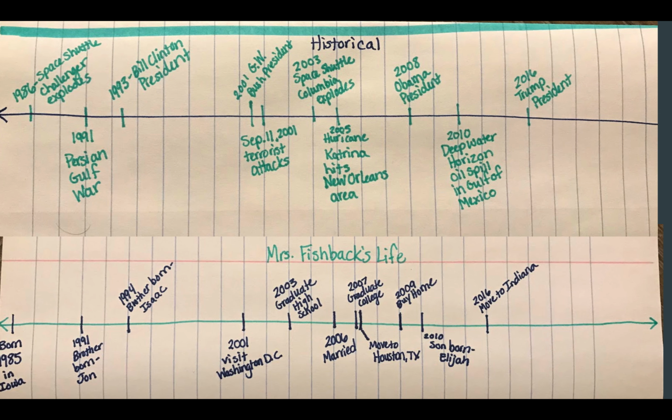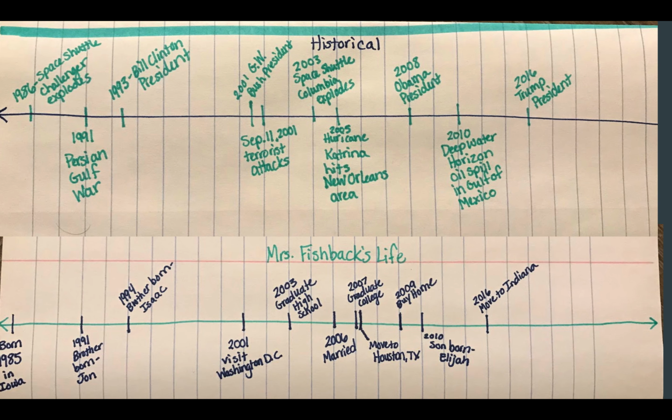I thought I would just remind you, at the beginning of this school year, we did something called life maps. And those life maps were actually timelines of your lives. So I have at the top the historical timeline, and at the bottom, I actually have my timeline of my life and the things that have been big and important in my lifetime.